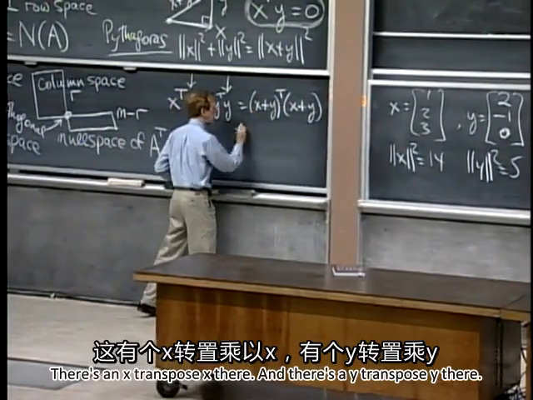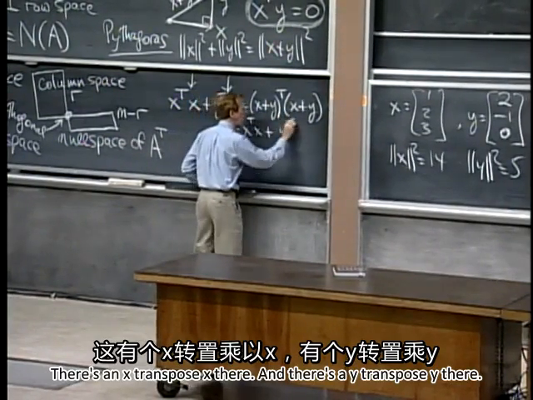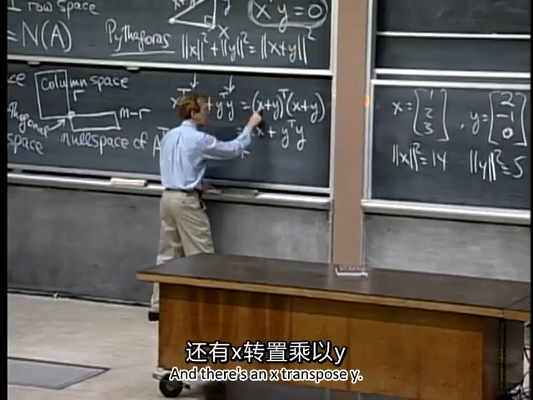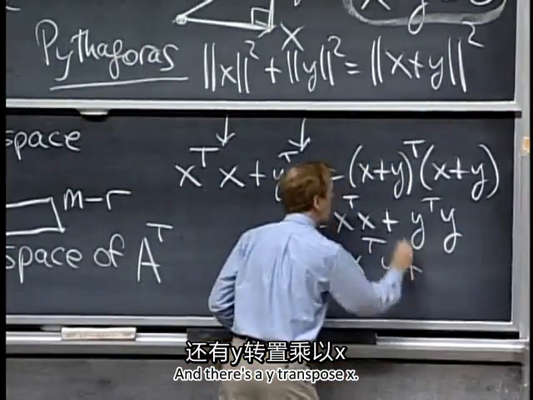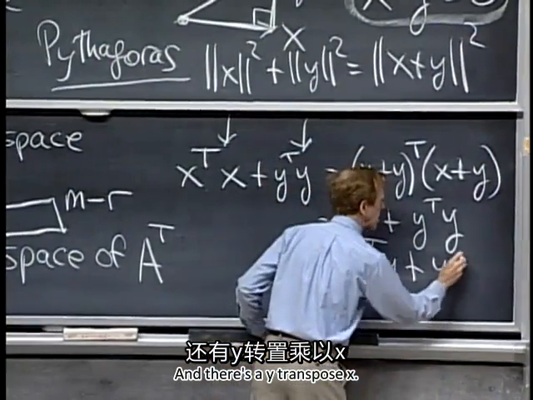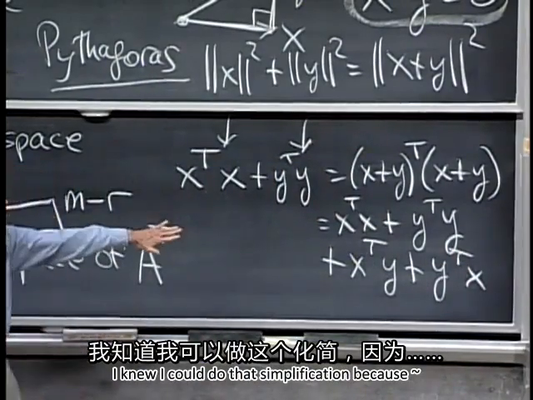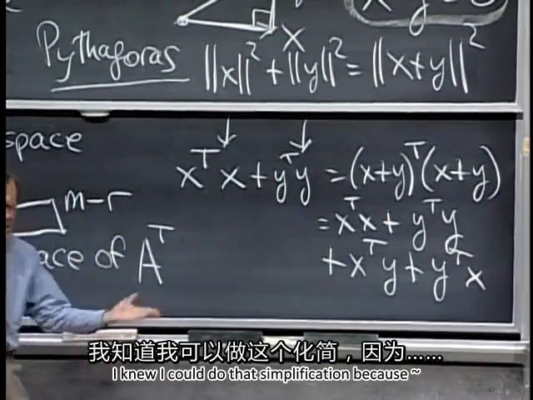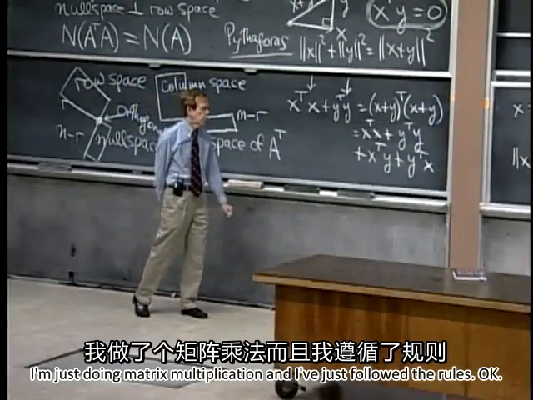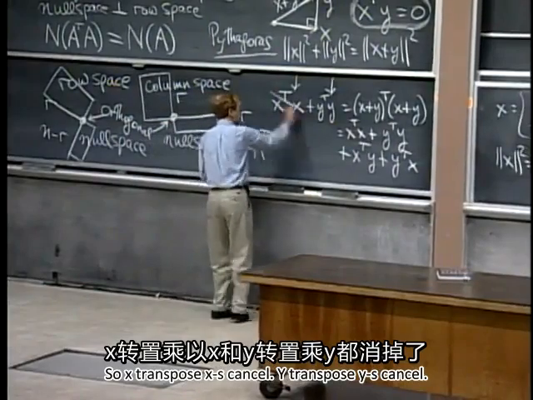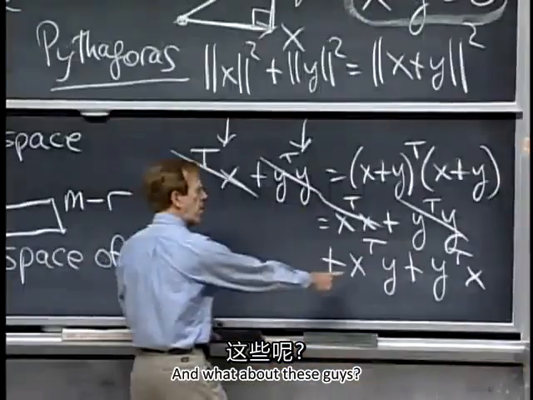There's an x transpose x there, and a y transpose y there, and an x transpose y, and a y transpose x. I knew I could do that simplification because I'm just doing matrix multiplication and following the rules. So the x transpose x's cancel, the y transpose y's cancel, and what about these guys?